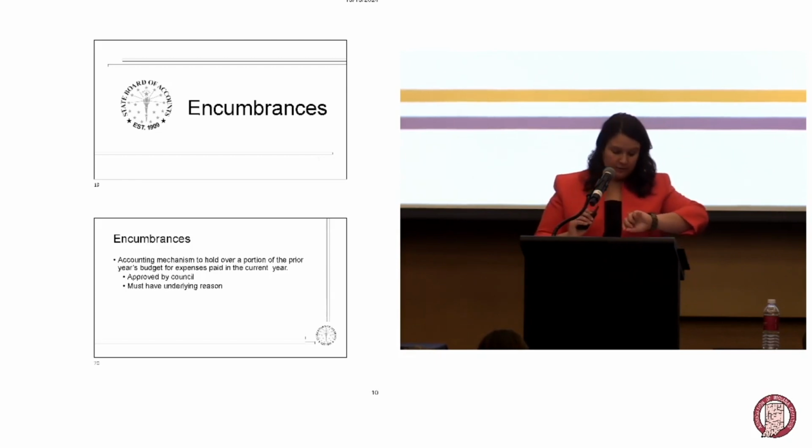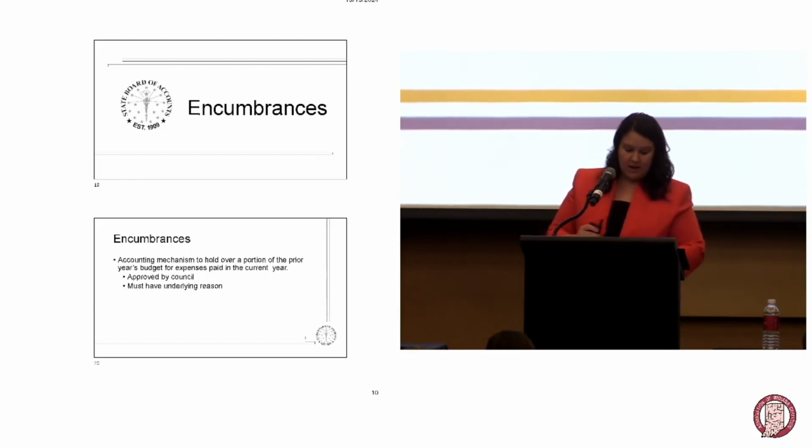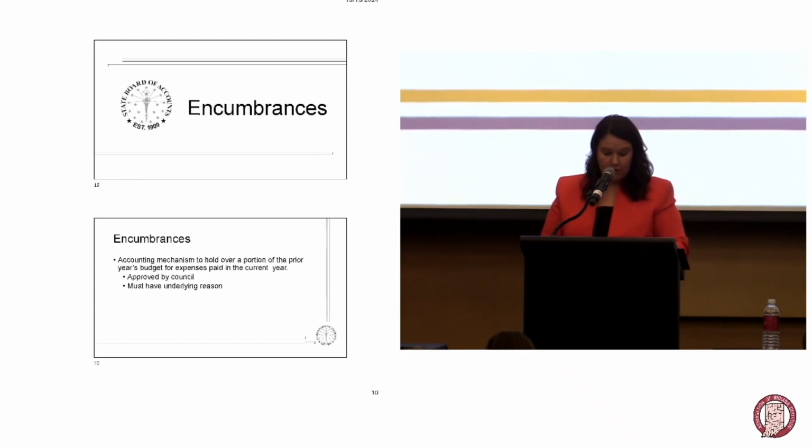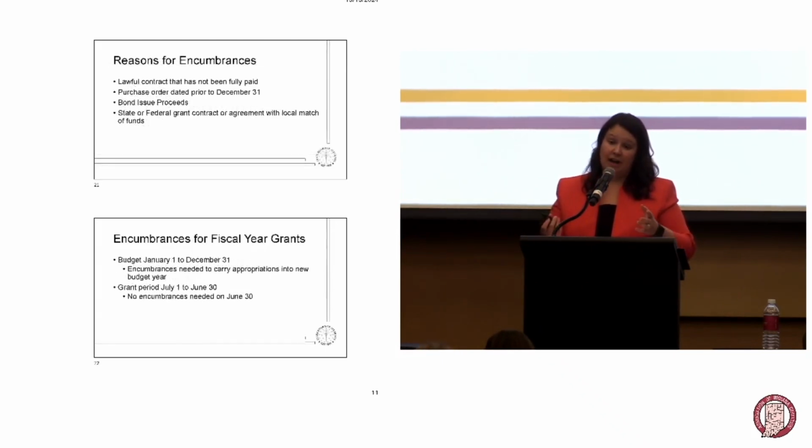Let's quickly go over reasons for encumbrances. A lawful contract that has not been fully paid. Do you have a contract that might go from one year to the next? You still have a couple payments left on that. You can encumber that money because you know that you are going to need to pay that in full.